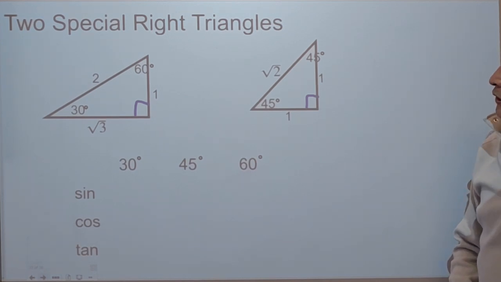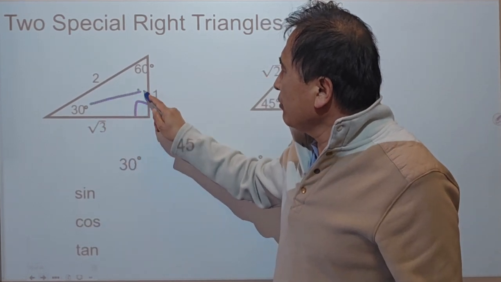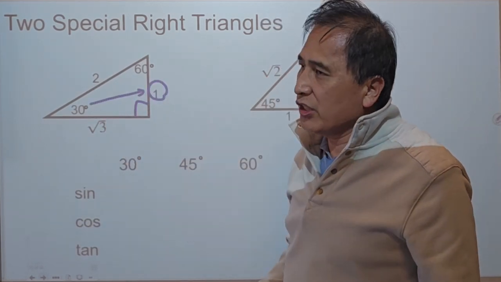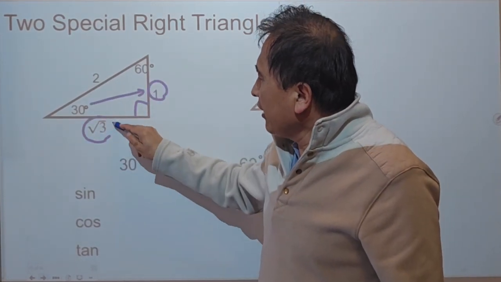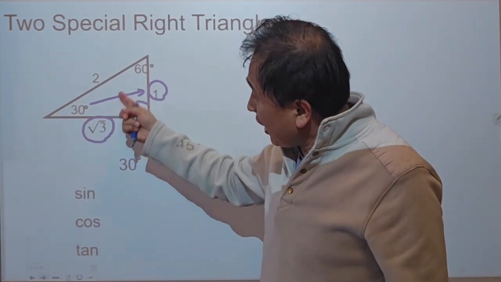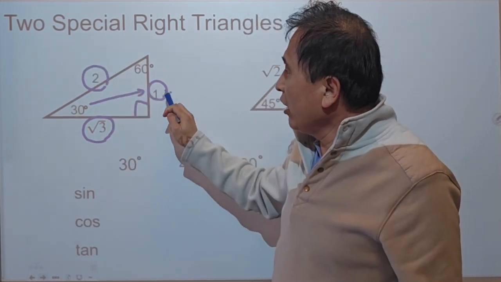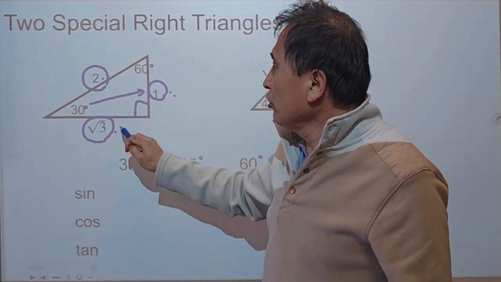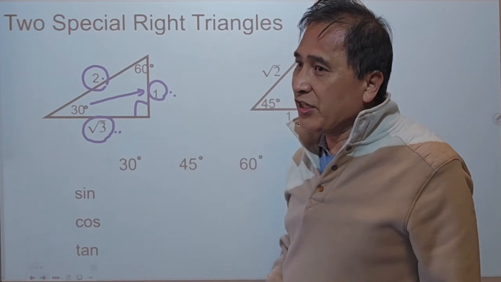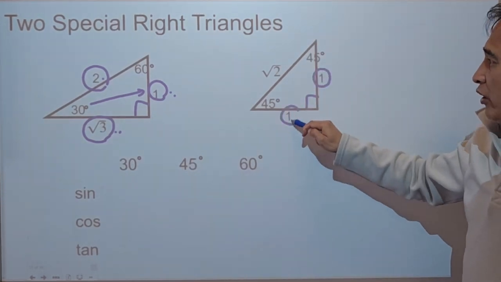When it's a 30, 60, 90, the side opposite 30 is 1 all the time, the ratio is 1. The side opposite 60 is root 3, and the hypotenuse is 2. That's the ratio: 1, root 3, 2. So maybe 2, 2 root 3, 4, that's the ratio. And 45 is all the time a 1, 1, root 2 ratio.